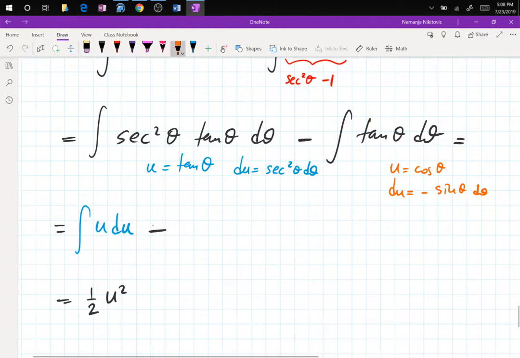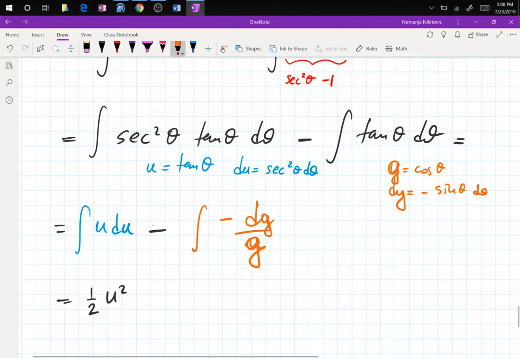And now we have the other one, which says integral, and it's sine over cosine. So it's going to be a negative du over u. Maybe I should use a g. Let's use g. So it's dg over g. G substitution.